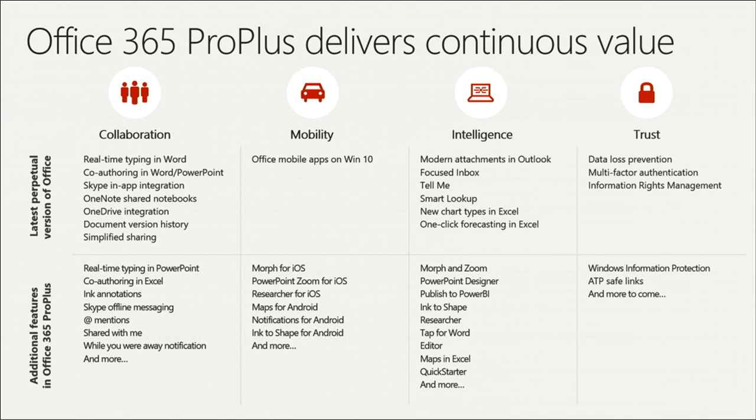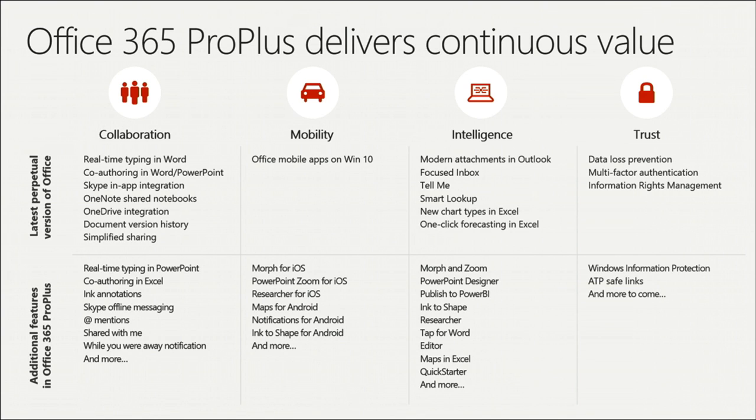That's what you're seeing on the top line here, those top set of boxes around collaboration, mobility, intelligence, and trust. We started delivering these capabilities. And what we've done differently with ProPlus is we started providing additional capabilities throughout the months after we released that particular version of the perpetual product.